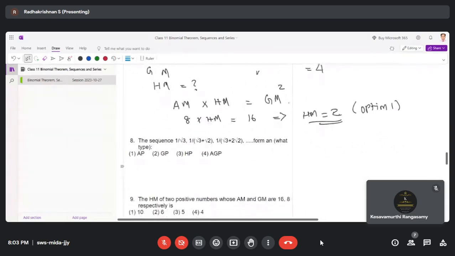Okay. So there is a sequence given: 1 by square root of 3, then 1 by square root of 3 plus square root of 2, and then 1 by square root of 3 plus 2 square root of 2, and so on. So what type of progression is this? What type of sequence is this? We can call it sequence or progression.